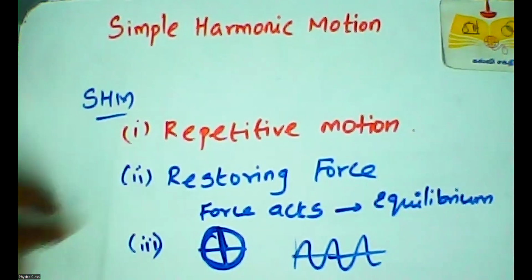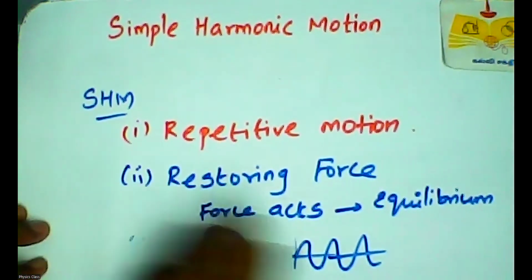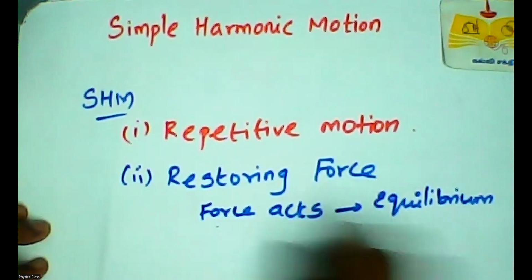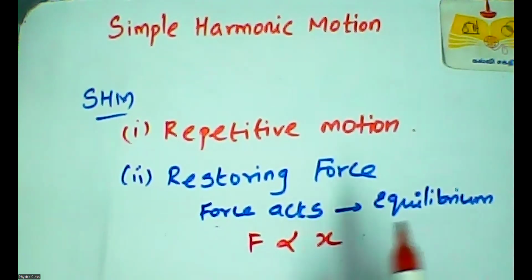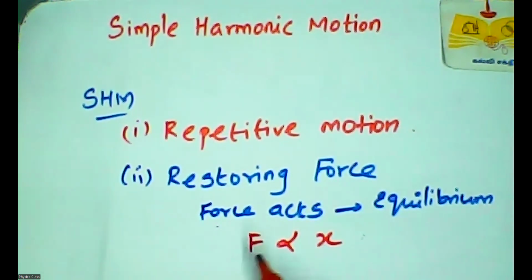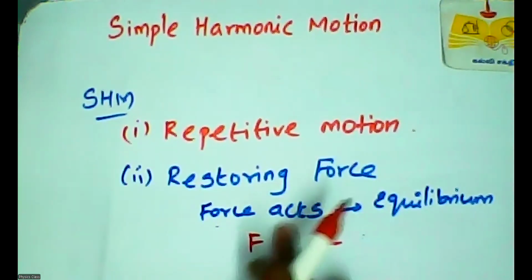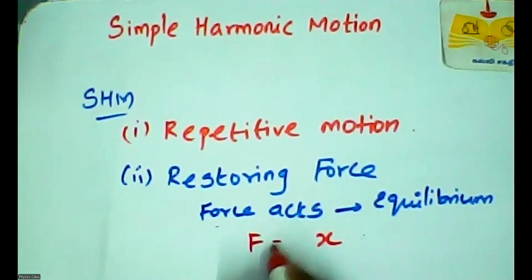So here the restoring force is directly proportional to displacement. We can write F is directly proportional to X. X means displacement, F means restoring force. We can remove the proportionality with one constant, that is minus K. K is the restoring constant.